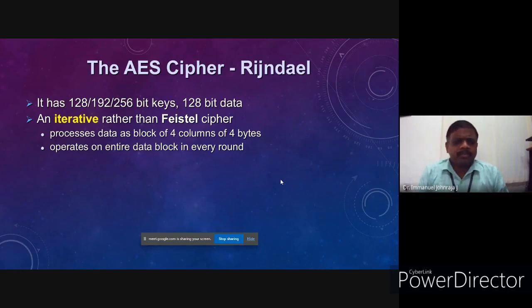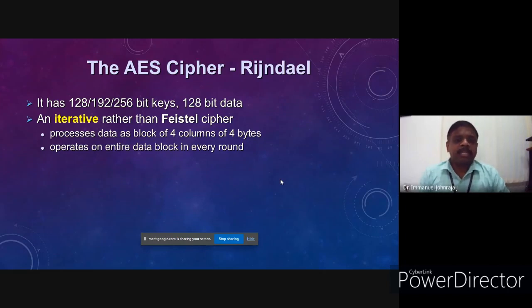Is it not similar to Feistel? No, sir, it is not similar to Feistel. It processes the data as a block of 4 columns or 4 bytes, and it operates on the entire data block in every round. But if you recall what happened in your Feistel or DES structure, the actual data block was divided into left and right equal halves, and then each was processed separately, and then they were XORed, swapped, and so on, if you remember.